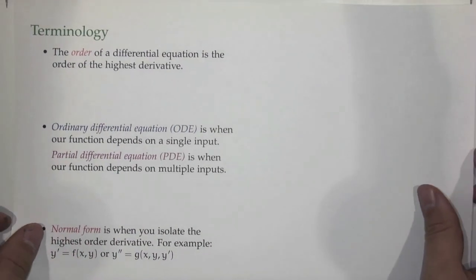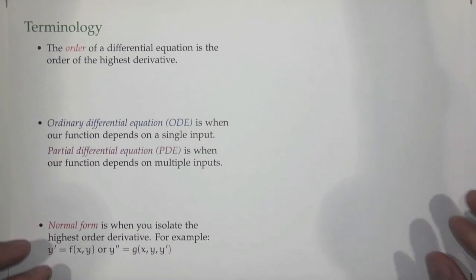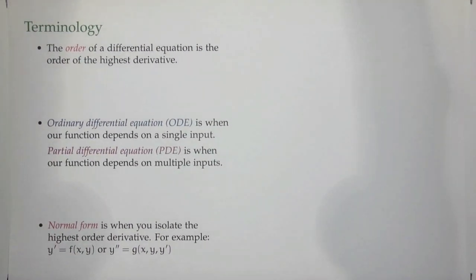All right. Well, shifting gears, just a quick run through some terminology. We've already been using some of this terminology, so it's not going to be too surprising. We've talked about the order of a differential equation, and it's just the highest derivative involved.